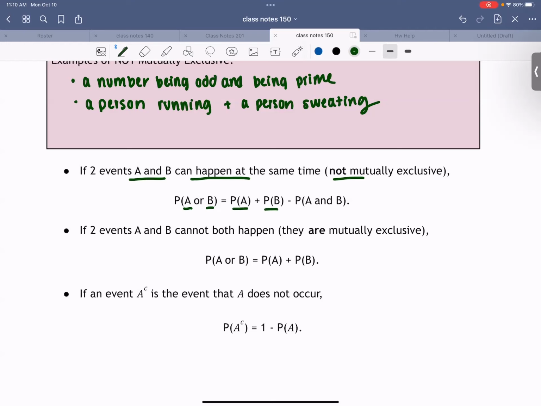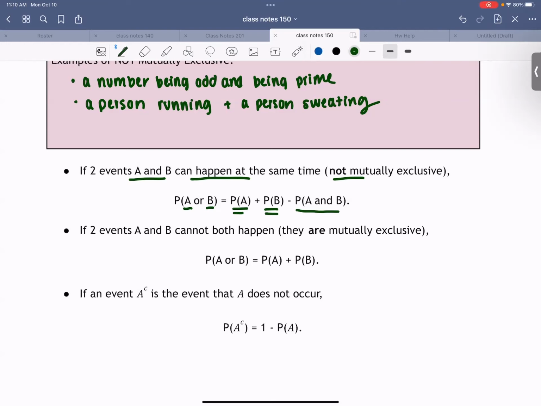So you add them up, and then you also subtract their overlap. This is because when you add these 2 together, you're adding up their overlap, so you need to take one away. So we subtract off the probability of both of them happening. It makes a little bit more sense when we deal with actual numbers, so let's keep going.